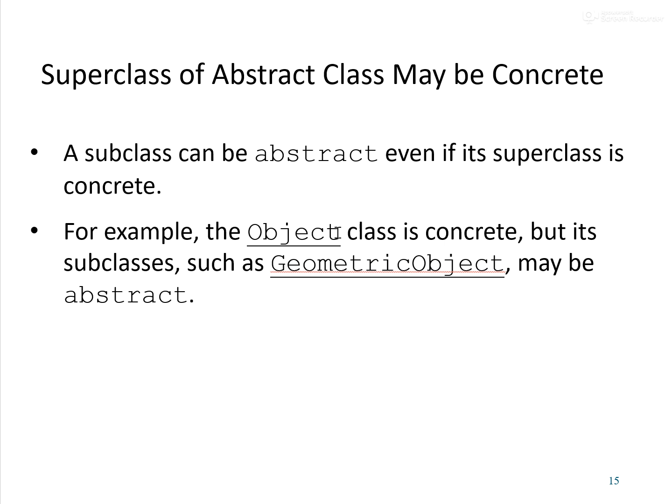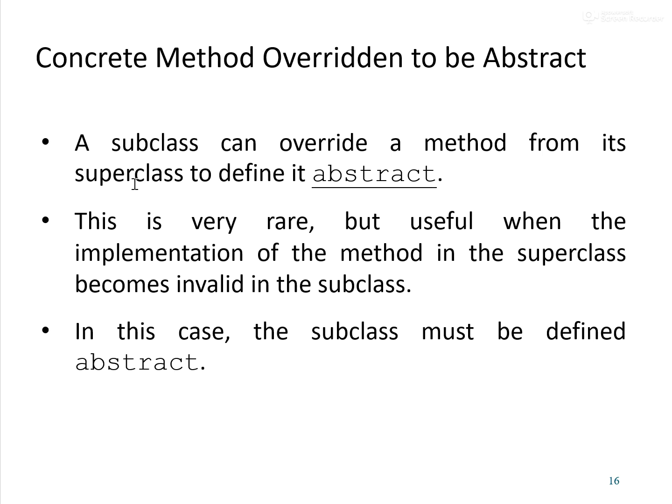Remember, the object class is the superclass of any class that is not extending another class. So geometric object in our case extends object. Object is a concrete class. Okay, geometric object, the one that we just made, has been declared abstract, and that's fine. And geometric object's subclasses were concrete again.